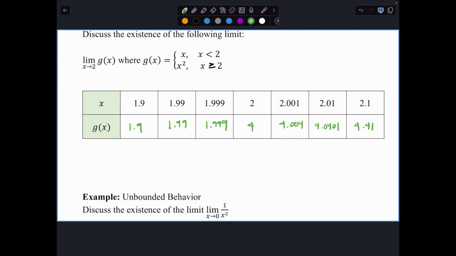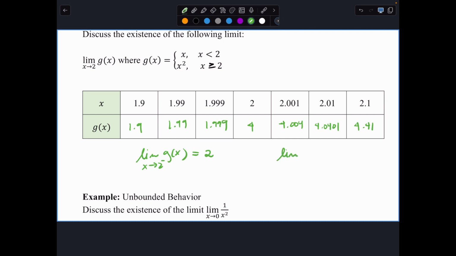So we're trying to evaluate the two-sided limit for a piecewise function. It's important, especially whenever the limit you're trying to take is where the domain of each piece switches, to consider the one-sided limits. So the limit as x approaches 2 from the left of g of x, we can see in the table, it seems like g of x is approaching 2.